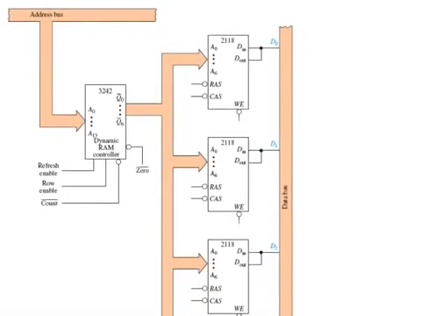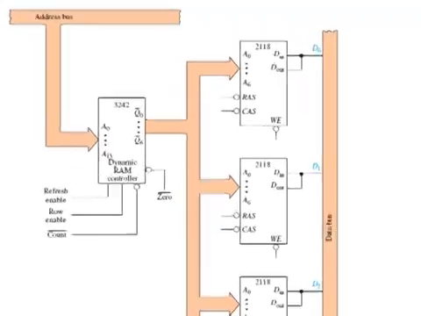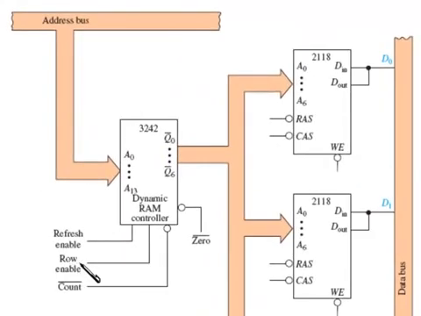So one popular dynamic RAM controller is the 3242, and what we have here is the row enable line. When this is high, the address bus, which is 14 bits wide, A0 through A13, has the first 7 lines split off and sent out to the NOT Q0 through NOT Q6, which are 7 lines provided to the various DRAM chips.